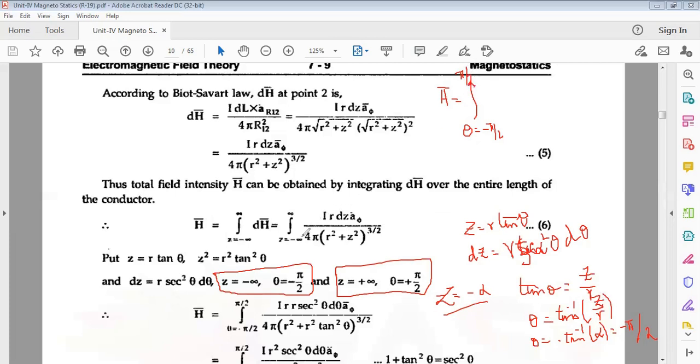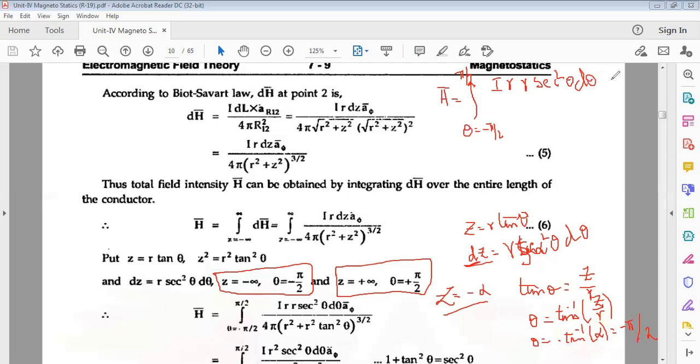Now the I is a common term here, and the R is there, the dz. What is dz? We got R secant square theta d theta.